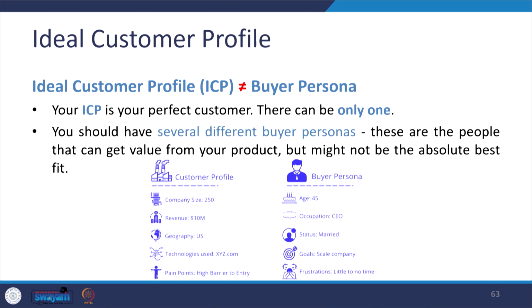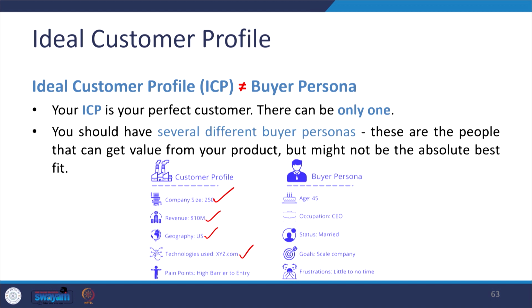For example, an ideal customer profile will talk about company size, specifically like 250 people, revenue of 10 million or more, established in the US, having technologies used, let's say salesforce.com or xyz.com, and then they have very specific pain points like high barrier to entry. So that's a particular problem faced by this particular company, which we are calling an ideal customer profile.